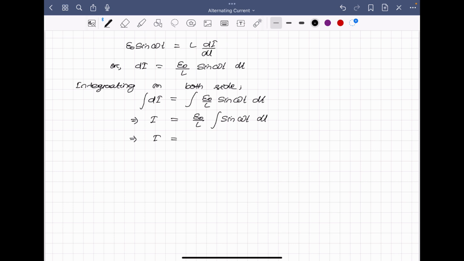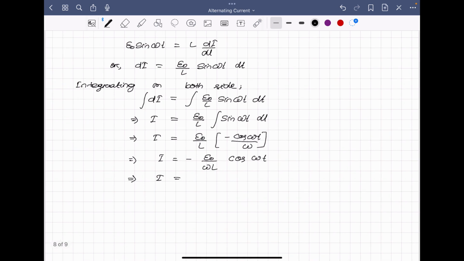Or I becomes E naught by L, integration of sin omega t is our minus cos omega t upon omega. This can be written as I equal to minus E naught by omega L cos omega t. This constant value minus E naught by omega L is called I naught.